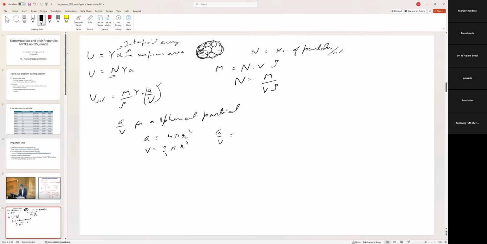So A over V becomes 4 pi r squared divided by 4 by 3 pi r cubed, which is 3 over r.